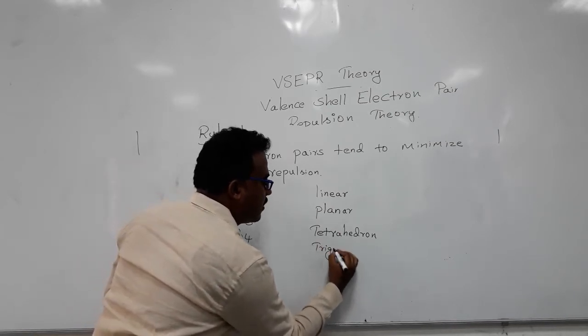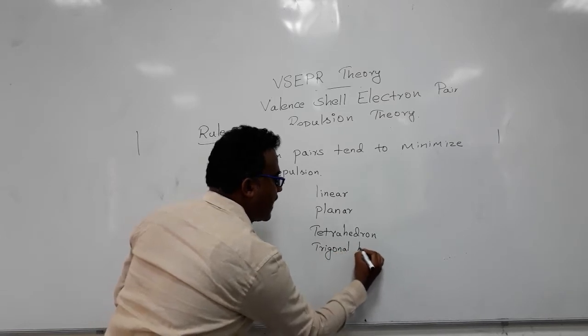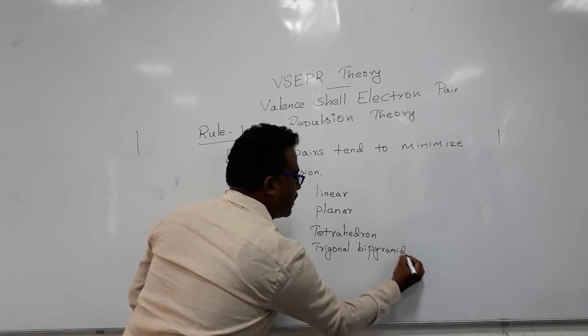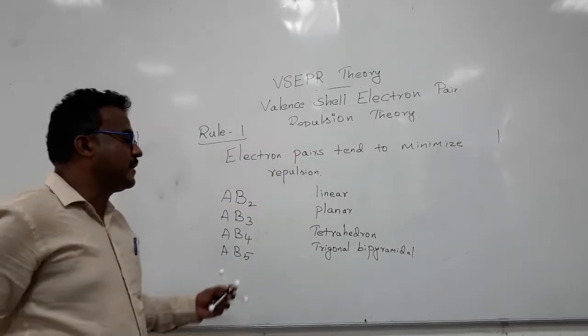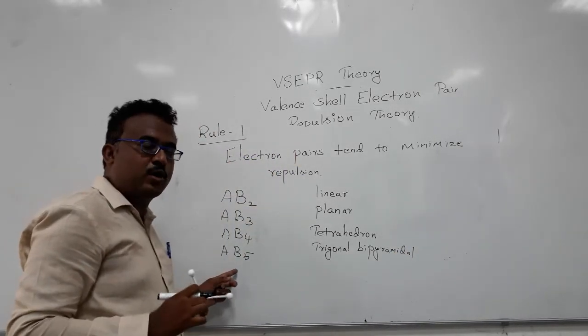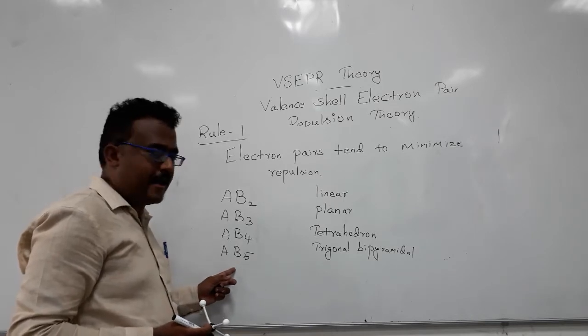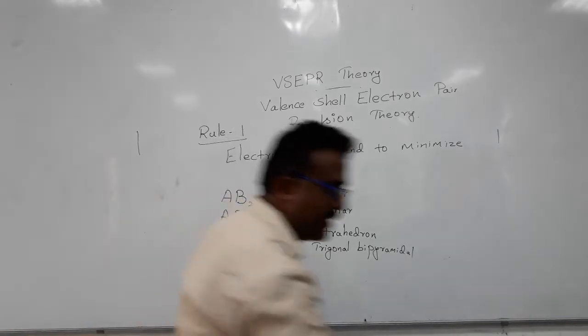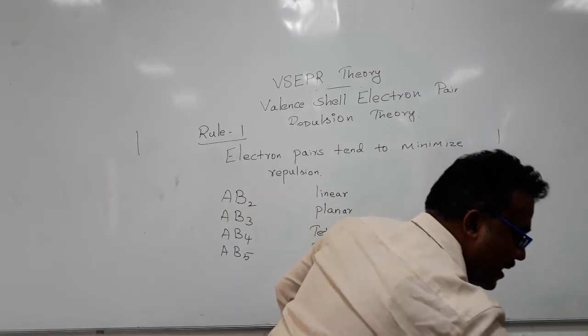trigonal bipyramidal, TBP. If a molecule comes under the category of AB5 and attains the geometry of trigonal bipyramidal, then it has minimum repulsion.